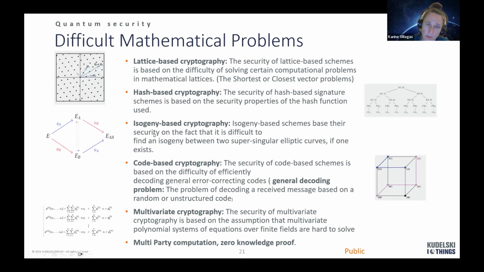We have isogeny-based cryptography, which relies also on elliptic curves and on which we could probably replicate all the attacks that we have made in the past on elliptic curves and find new ones because of the complexity. We have code-based cryptography, multivariate cryptography, multi-party computation, and zero-knowledge proofs. And for each of them, we have dedicated functions to protect and to understand.